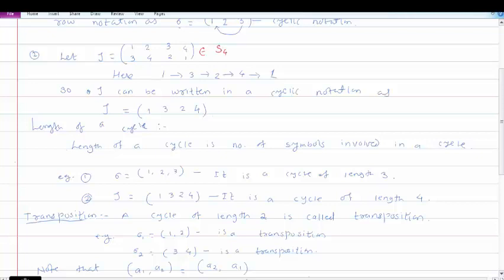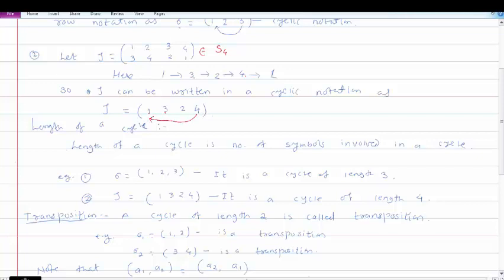Here tau sends 1 to 3, 3 to 2, 2 to 4, and 4 to 1. So in cyclic notation this can be written as tau equal to 1 goes to 3, 3 goes to 2, 2 goes to 4, and lastly 4 goes to 1.